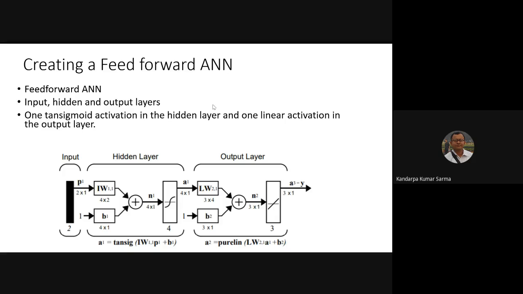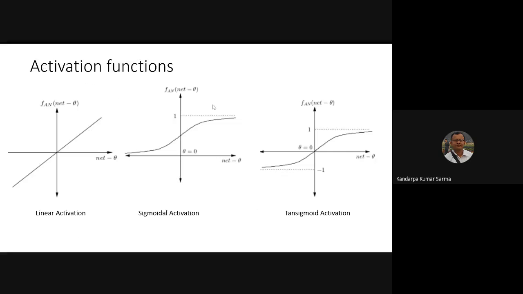These two types of activation function are normally considered the default in the Matlab training built-in functions. These are the most common types of activation functions that Matlab will consider while designing the neurocomputing structures: the linear, the sigmoidal, and the tan sigmoidal activation functions.